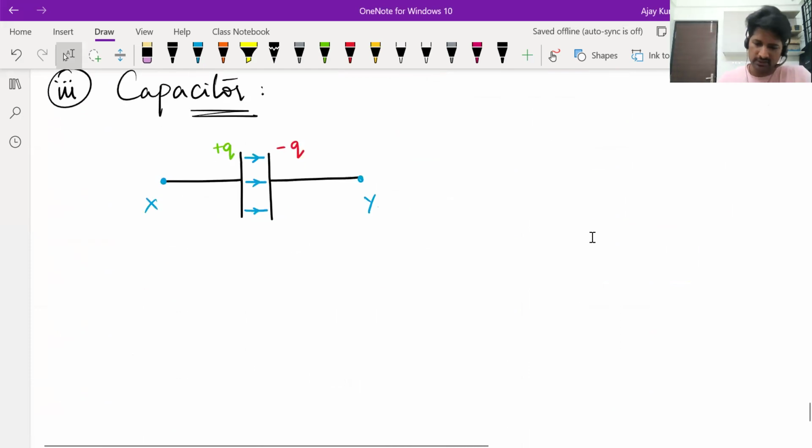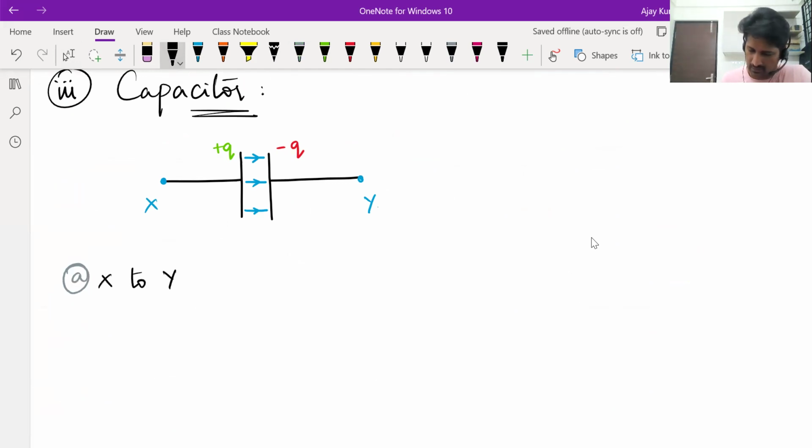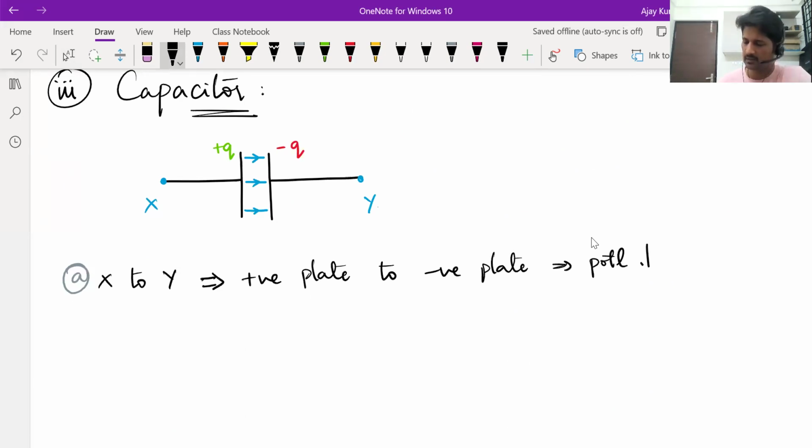So when moving across a capacitor, first case, if you are going from X to Y, means positive plate to the negative plate. Obviously, if you are going from positive to negative, it means potential decreases. How do we write potential difference across a capacitor, anyone?